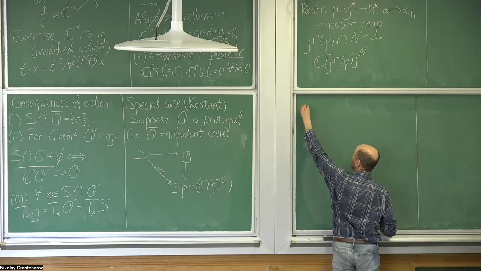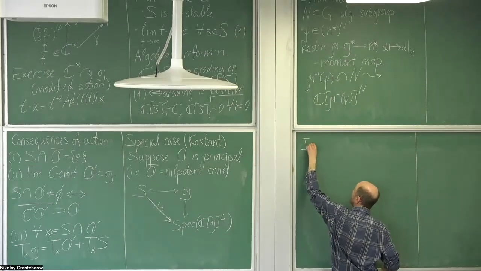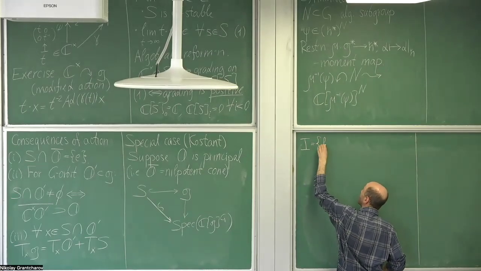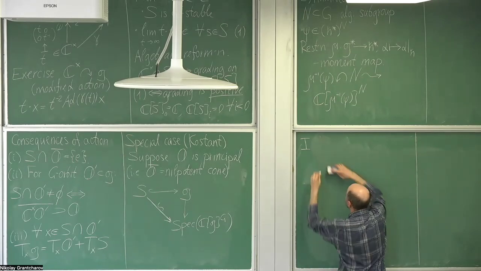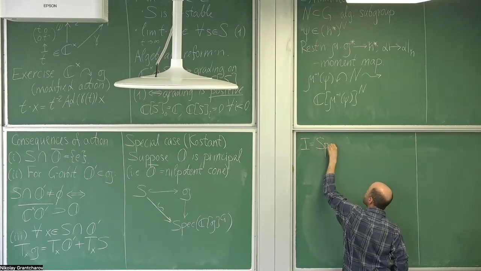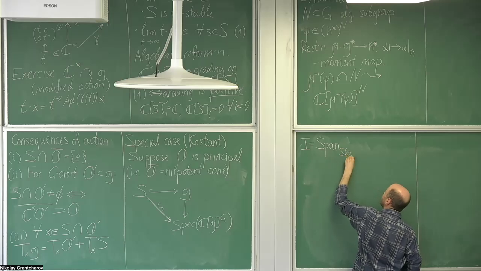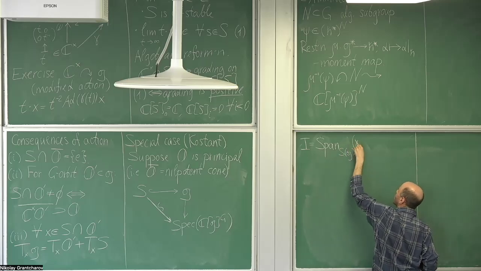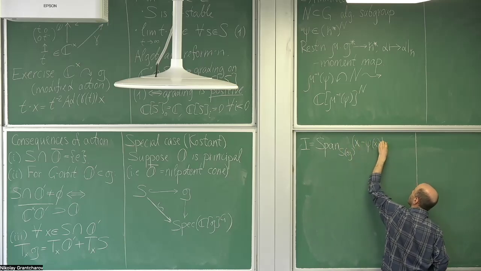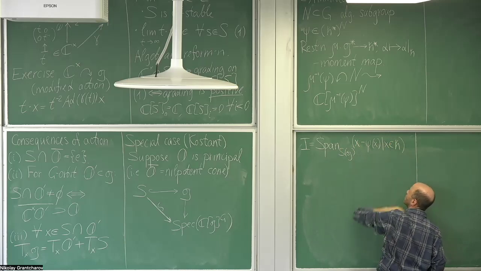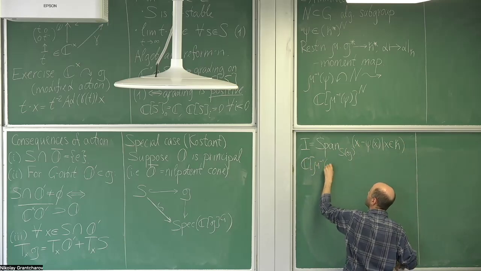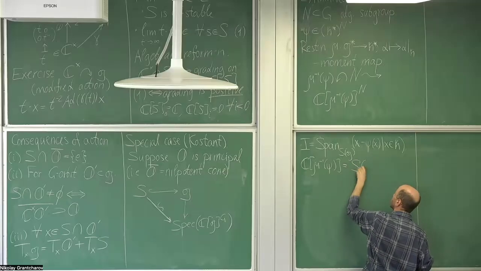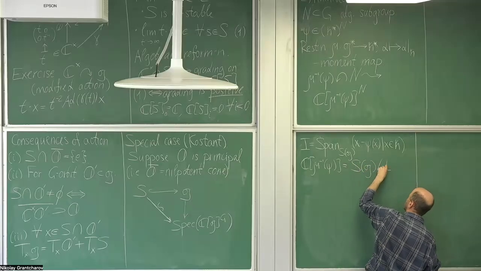Let's consider the following ideal I, the span in S of g of elements of the form x minus psi of x, where x is in n. And of course, functions on mu inverse of psi is just a quotient of the symmetric algebra by its ideal I.